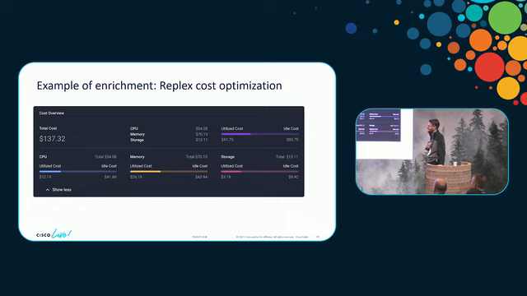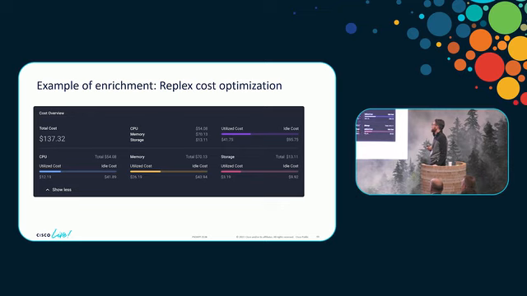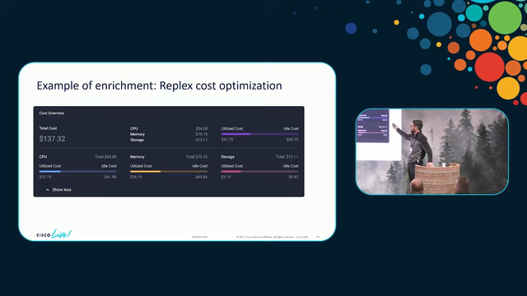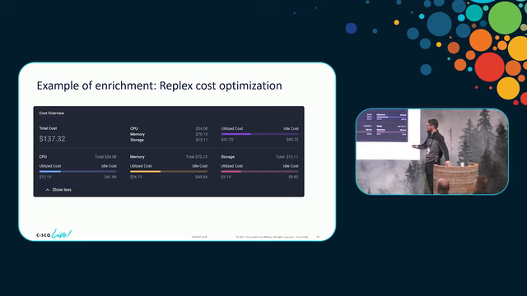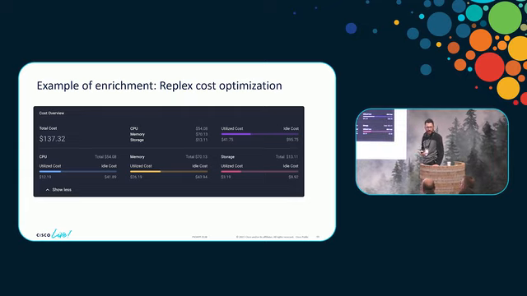Developers generally have no idea what the cost of the stuff they're rolling out is, and we tend to over-provision out of paranoia, right? So it leads to a lot of idle, and this is a real screenshot of it running off of some of our own systems, right? So you find a lot of idle services.